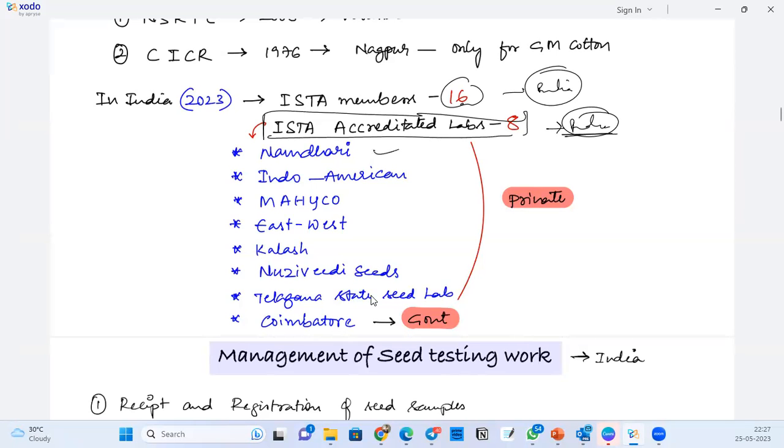Namdari, Indo-American, Mayako, East West, Kalash, Nuziveedu, Telangana State Seed Lab, and lastly Coimbatore. Out of these 8, 7 are private and 1 is government, which is located in Coimbatore, Tamil Nadu. So these are the stats for the ISTA accredited laboratories and the ISTA members.